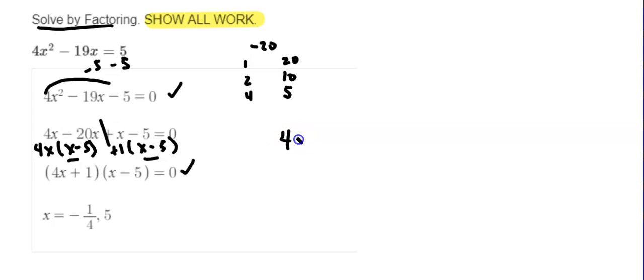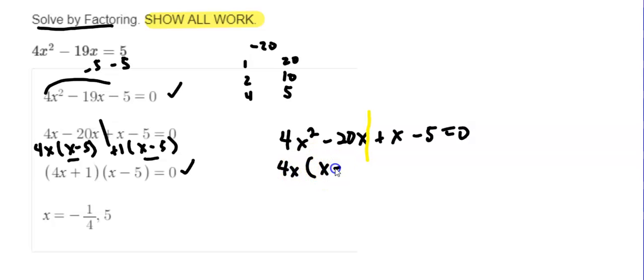So again, once I expand it and I chop it in half, I'm taking the GCF out of this left side, which is 4x, which leaves me with x minus 5. There's nothing outside of 1 on the right side, so we factor out a positive 1, maintaining that x minus 5.